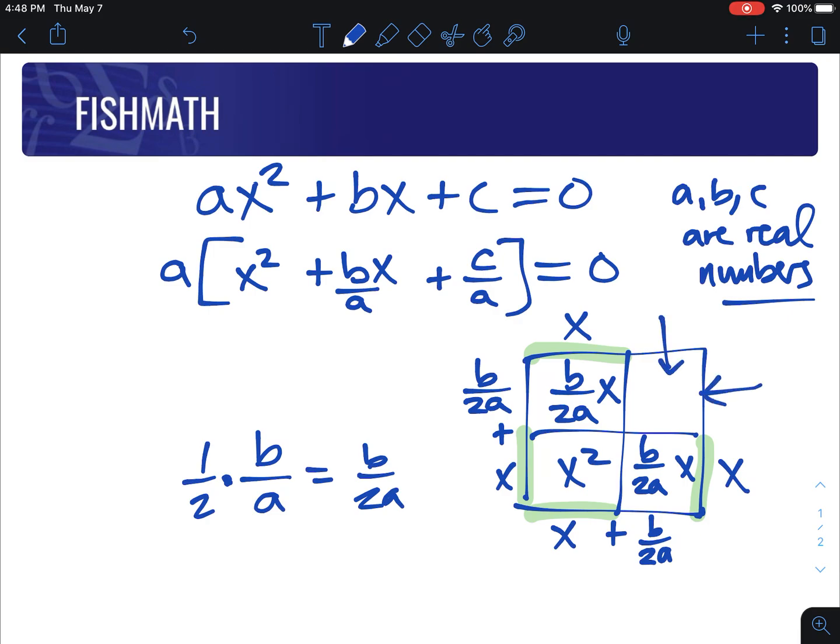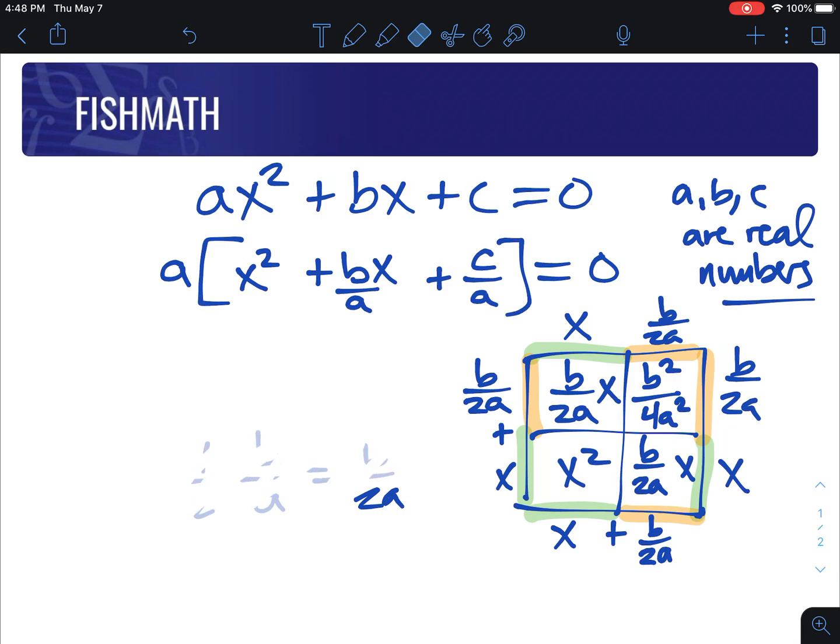What goes in this box? Well, it's b over 2a times itself, because the side lengths here are b over 2a. This is b over 2a, so is this, and that's the same as that. So it's b over 2a times b over 2a, which is b squared over 4a squared.